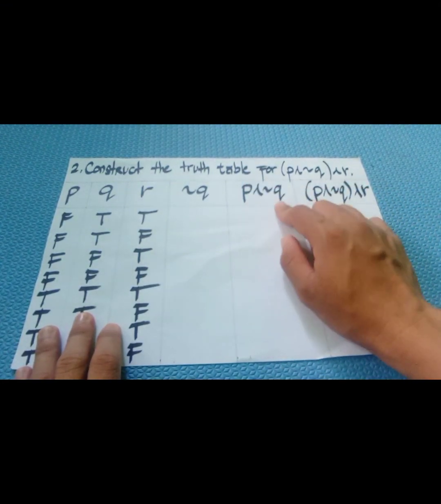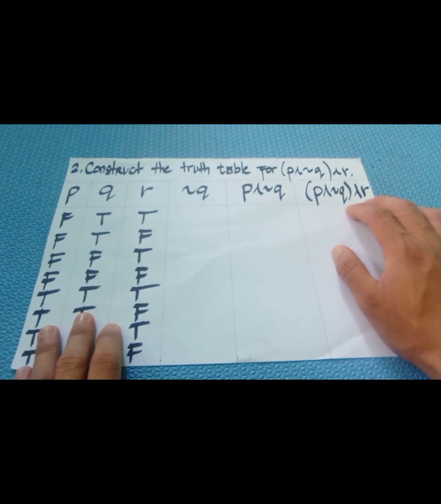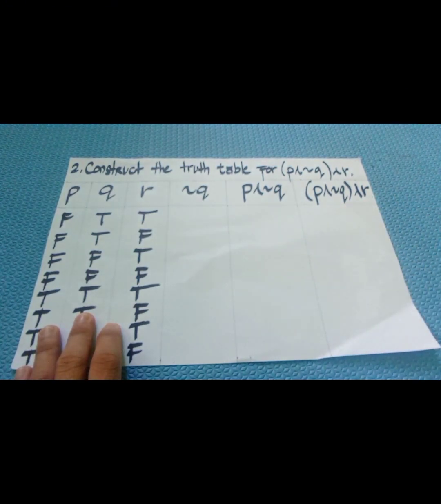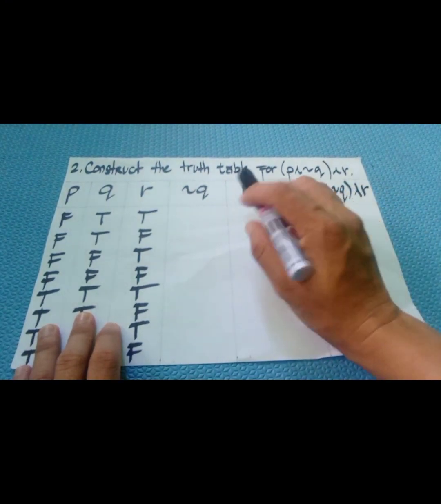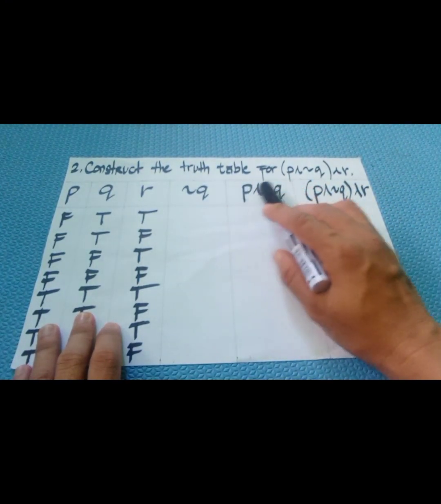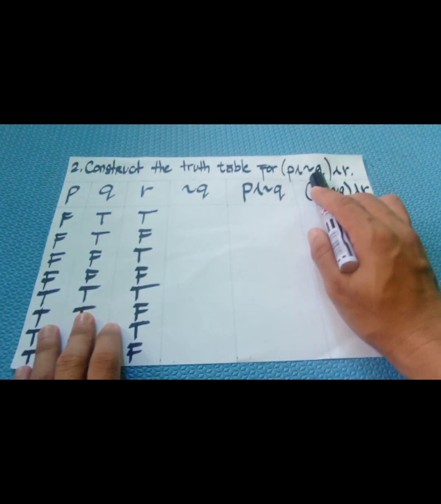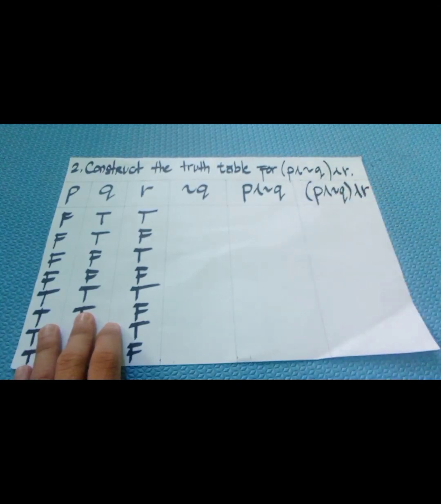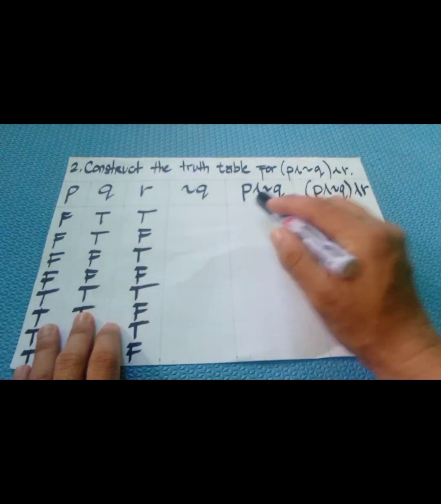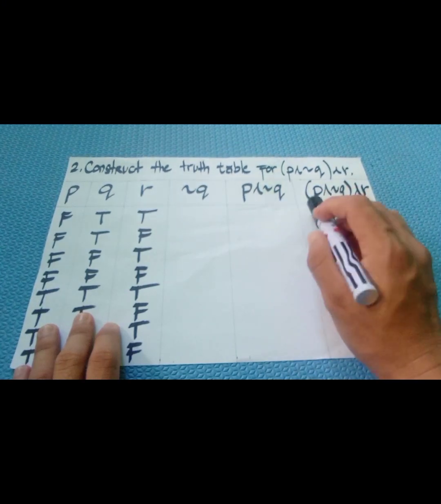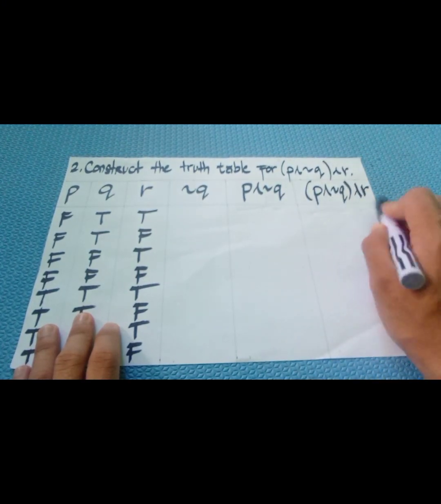P conjunction not Q and P conjunction not Q conjunction R are the problems that we're going to solve. In the given question, we need to solve the not Q statement first, then proceed to P conjunction not Q and P conjunction not Q conjunction R.